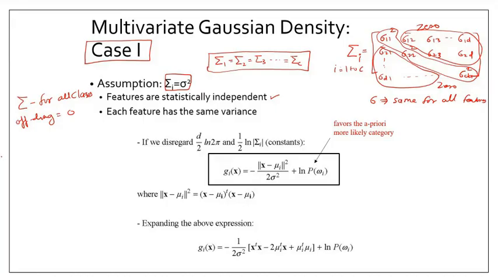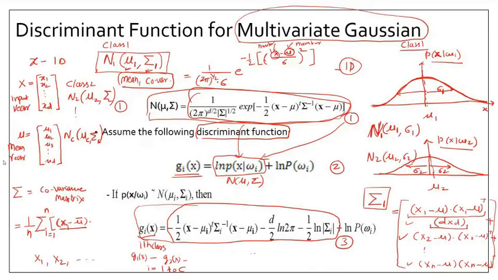And each feature has the same variance. That means sigma i square is the same for all. So these are 3 assumptions that we make in case number 1. So if I do that, my equation 3 is simplified.